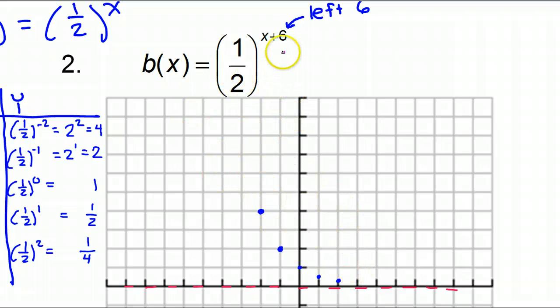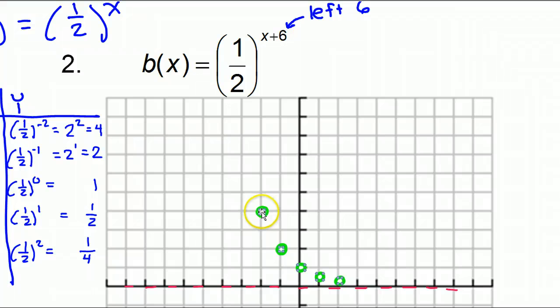Now, to graph this actual function, including the plus 6, I need to take this and shift it to the left by 6, because that's what this plus 6 does. So what I could do is just take each one of these points and move them to the left by 6.